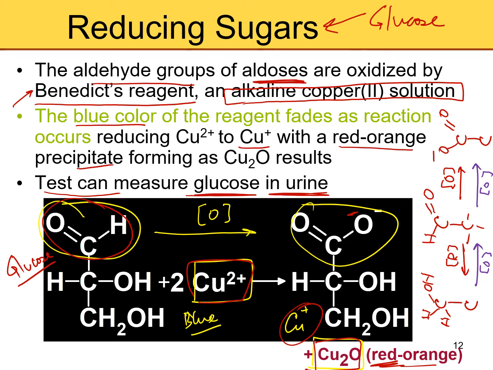Based on this, all aldoses are reducing sugars, not just glucose, but any aldose sugar would be a reducing sugar. So glyceraldehyde, ribose, glucose, galactose, all of them would be considered a reducing sugar. Even deoxyribose would be considered a reducing sugar because it has an aldo group, right?